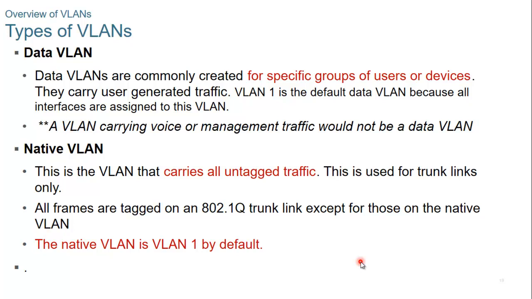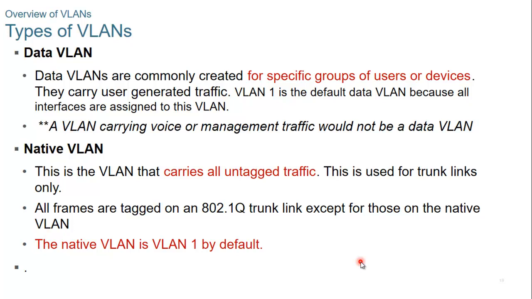Native VLAN is the VLAN that carries all untagged traffic. Later on, we would see that within VLAN, we have untagged traffic and tagged traffic. Don't worry about that yet. So, native VLAN is used for trunk links only. All frames are tagged on an 802.1Q trunk link except for those on the native VLAN.